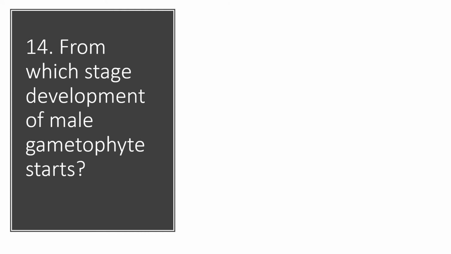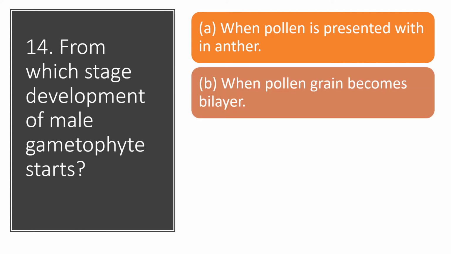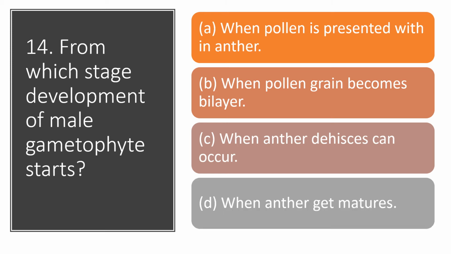Coming to the 14th question, from which stage does development of the male gametophyte start? The options are: A, when pollen is present within anther. B, when pollen grain becomes bilayer. C, when anther dehiscence occurs. D, when anther matures.